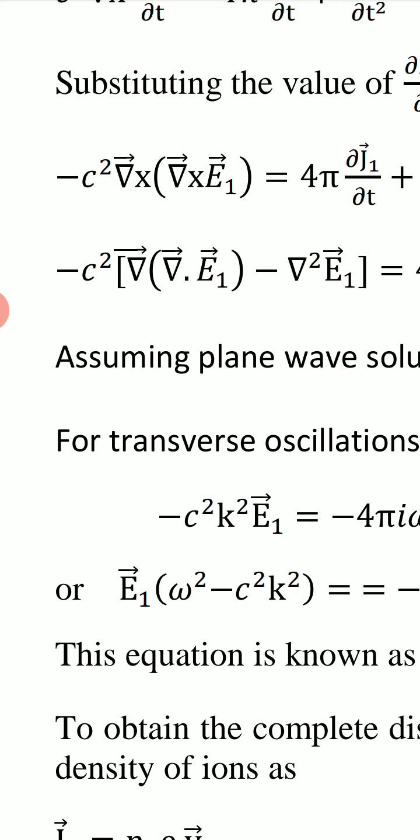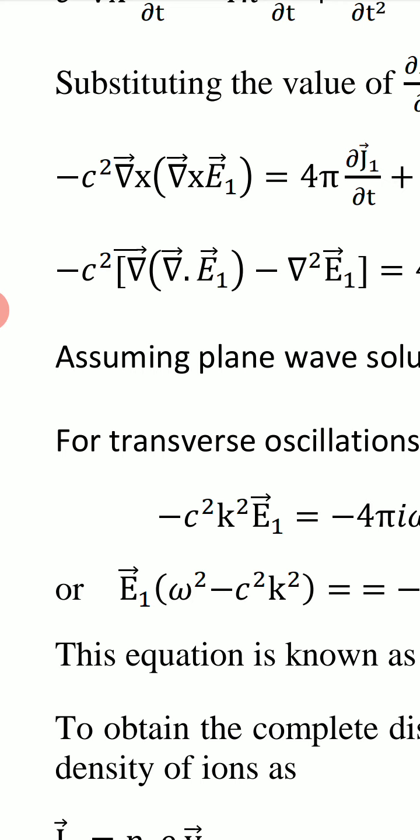On the right side there is no meaning of del vector, so we write del vector on the left side. The first term comes from (A dot C) times B. A dot C is del vector dot E vector, and times del vector, we write this del vector to the left.